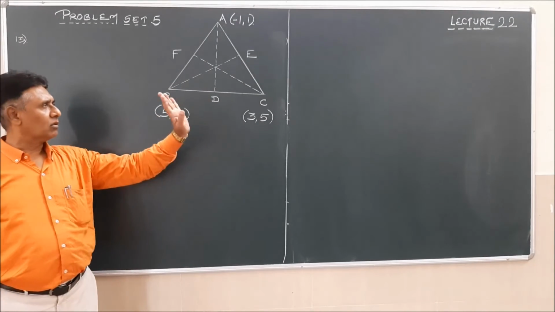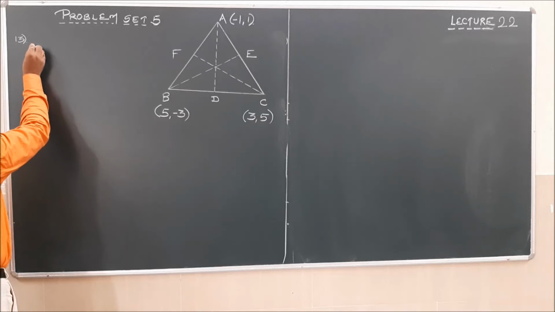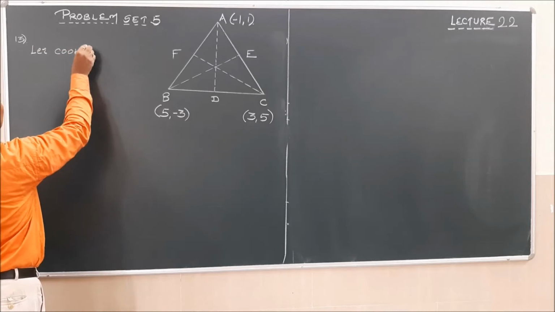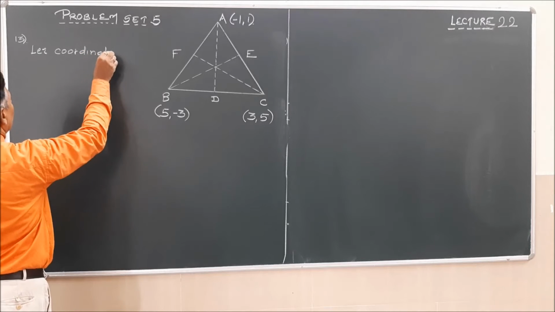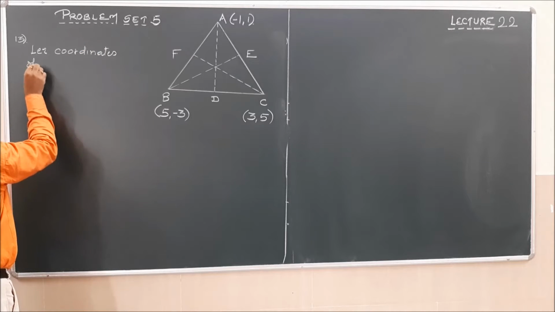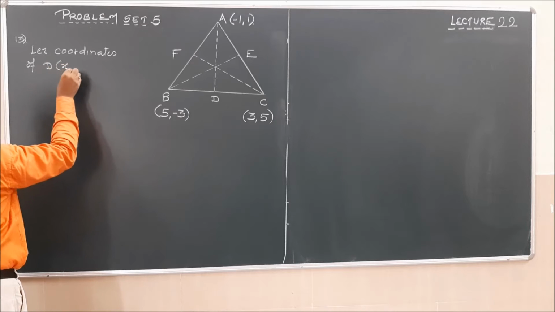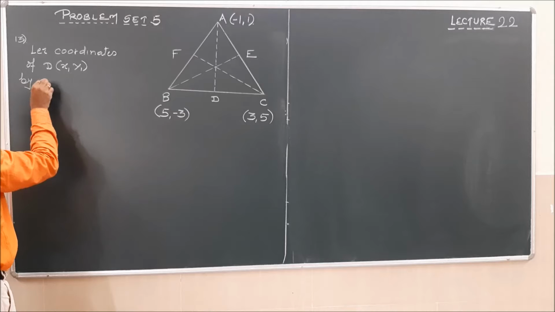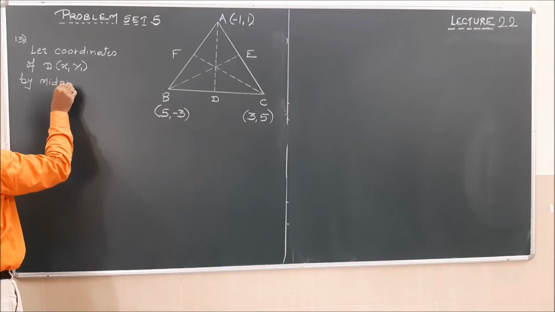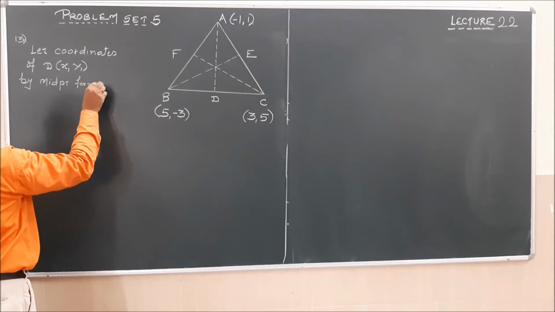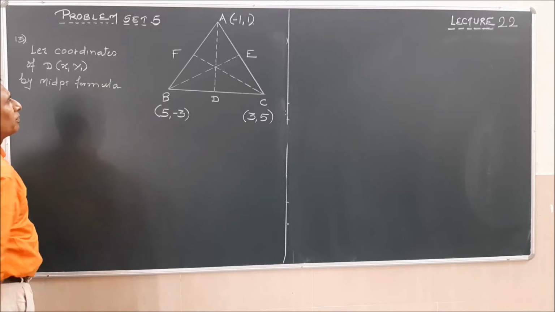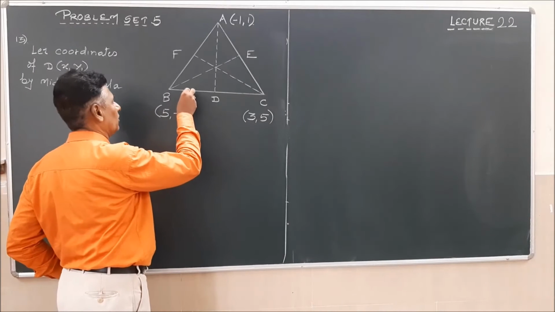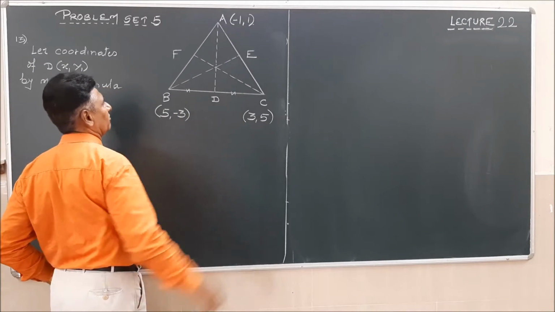First of all, I find out the coordinates of D. So let coordinates of D be x1, y1. So by midpoint formula. I already explained to you that a median is a segment drawn from the opposite vertex to the midpoint of the base.